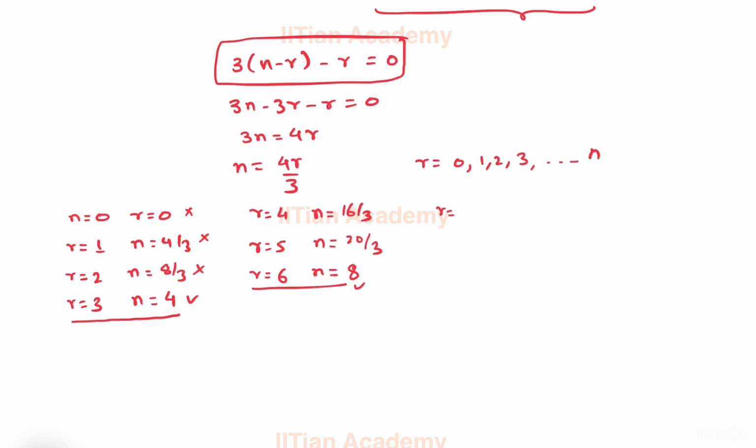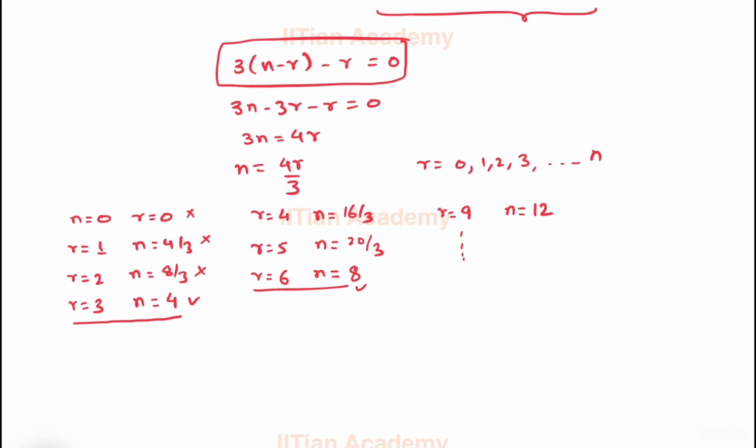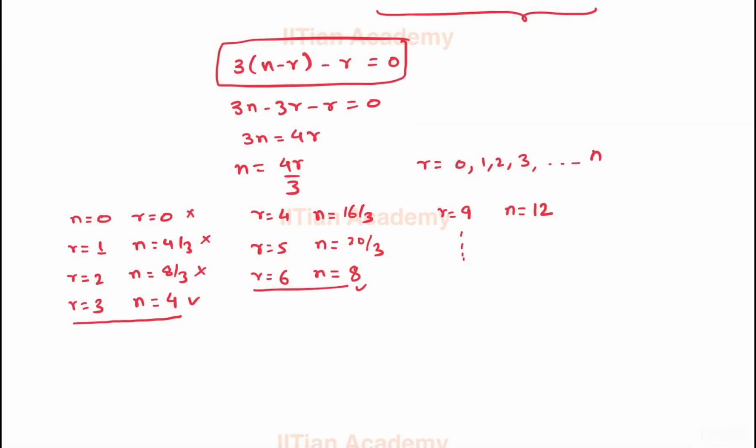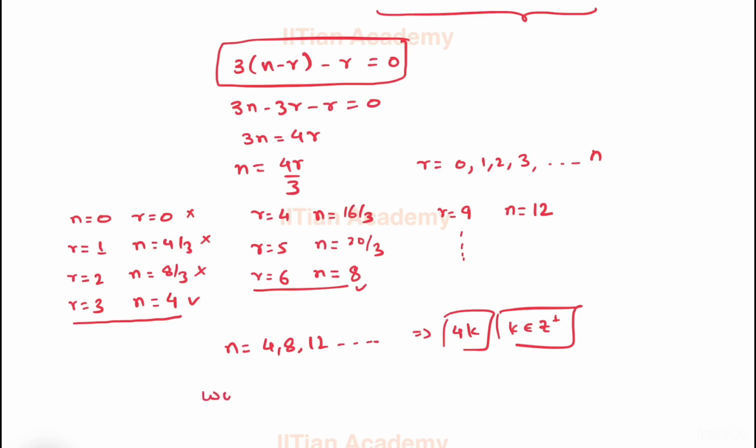The next solution will come at r equals 9, and that would be n equals 12. So we can recognize a pattern where r moves in multiples of 3 and n moves in multiples of 4. So we can accept the values 4, 8, 12 and so on, or we can write it as 4k where k belongs to the positive integers. So this is our solution.